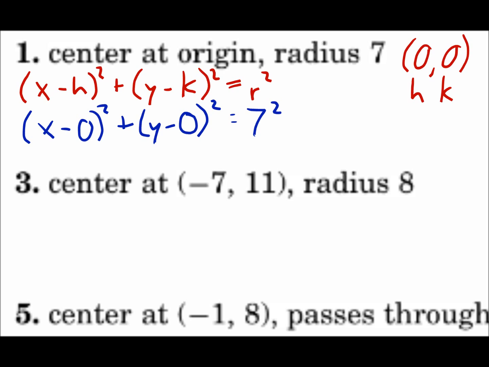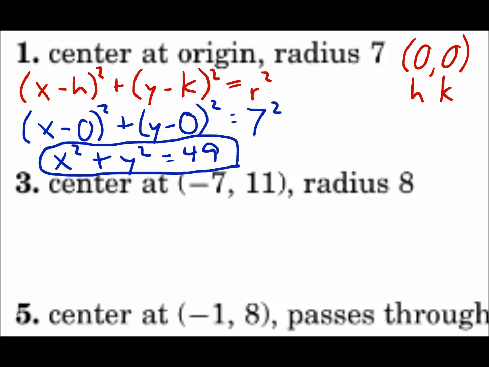Then we'll simplify. x minus 0 is just x, so that's x squared. y minus 0 is just y, so that leaves y squared. And 7 squared is 49. So our final answer, x squared plus y squared equals 49.